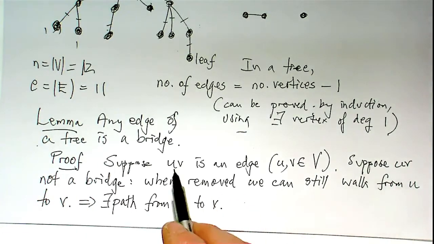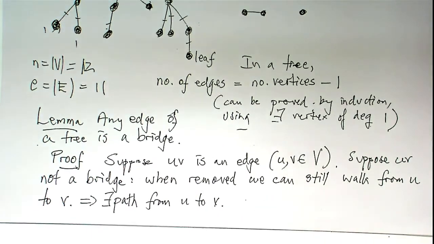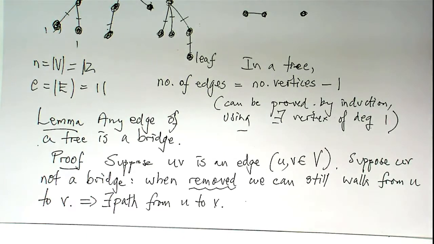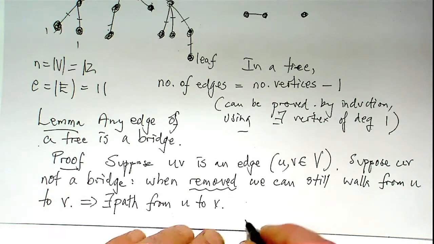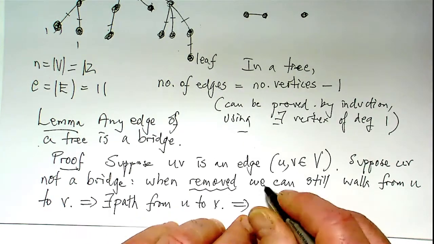Without going through this edge which I've removed. So this has been removed. But if you have a path from U to V, that implies that if we replace the edge, that implies that there exists a cycle.